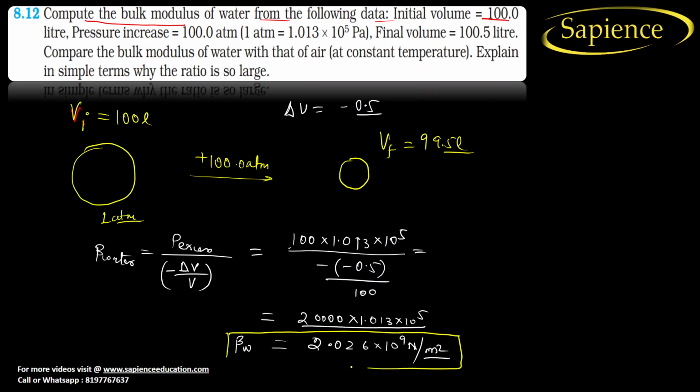Now you know that the bulk modulus of air, its value is approximately equal to 1 into 10 to the power 5 Newton per meter square, which, as compared to this, is very less.